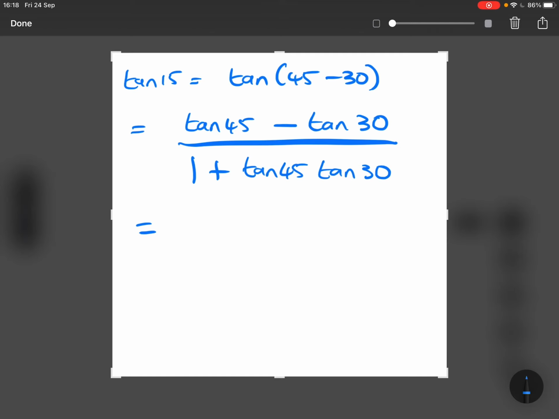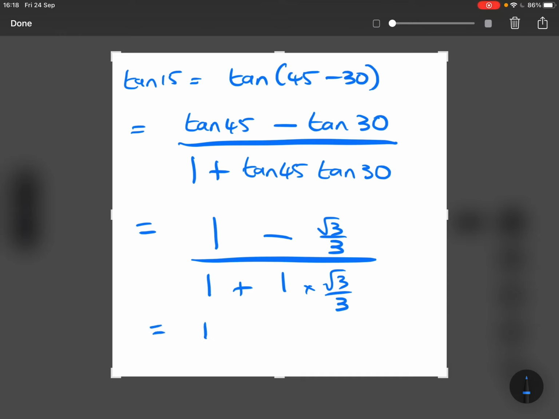Now I remember that tan 45 is 1. I remember that tan 30 is root 3 over 3. And I've got 1 plus tan 45 is 1 times tan 30 is root 3 over 3, which is going to simplify to be 1 minus root 3 over 3 over 1 plus root 3 over 3.